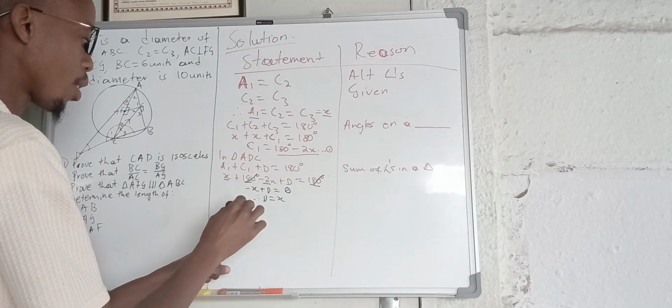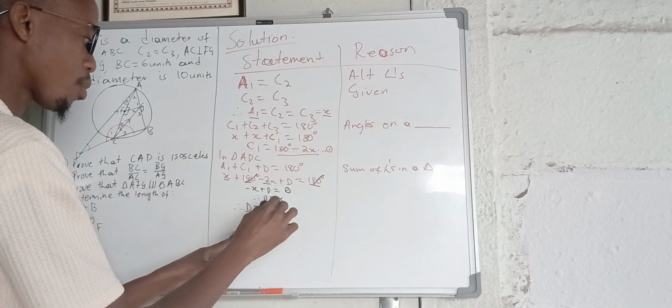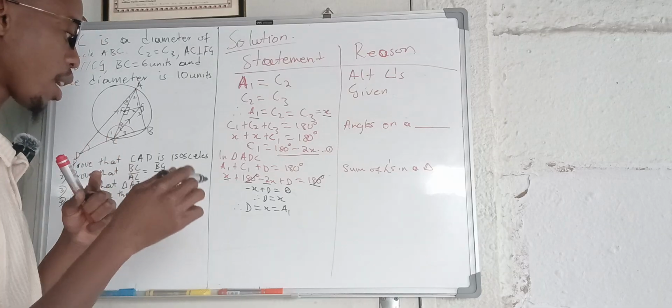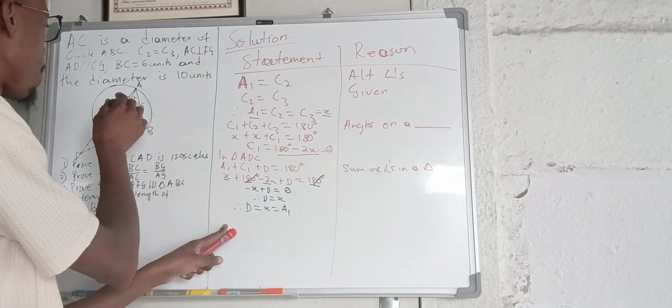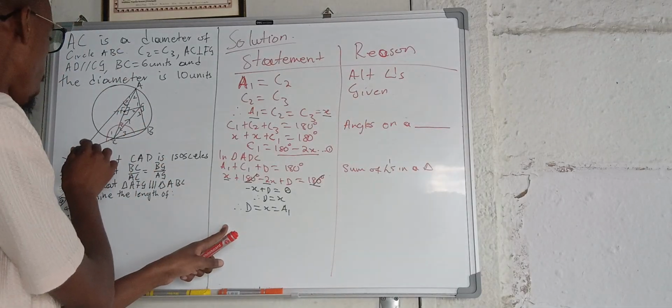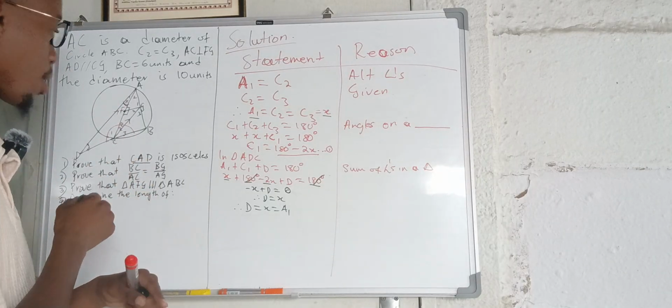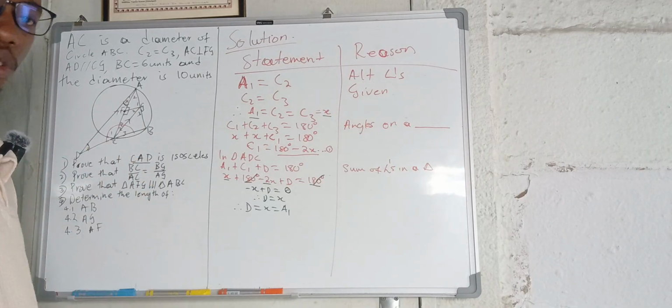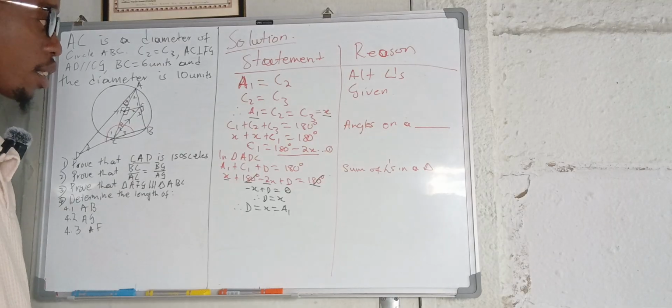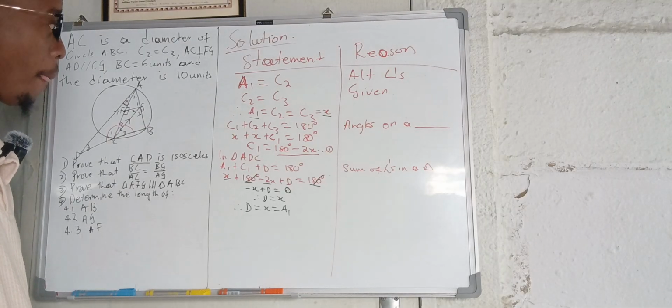So therefore, D is equal to X is equal to A1. So if D and A1 are equal here, that simply means CAD is isosceles, because these are base angles of an isosceles triangle. Beautiful, right? Beautiful.